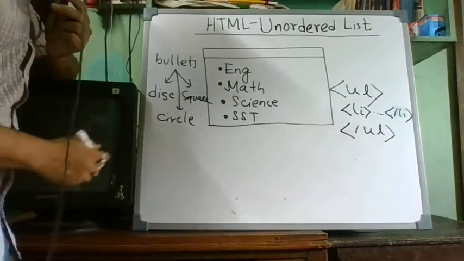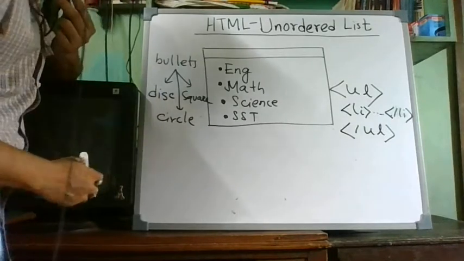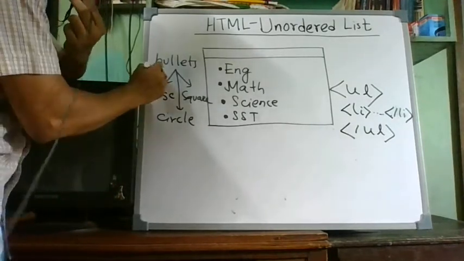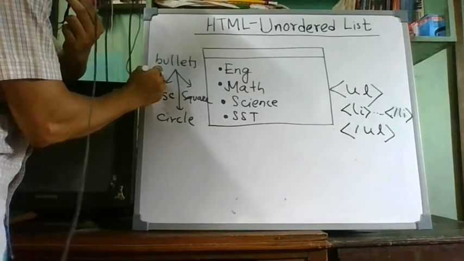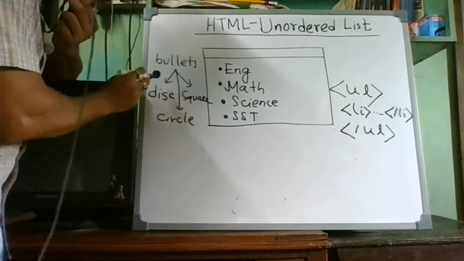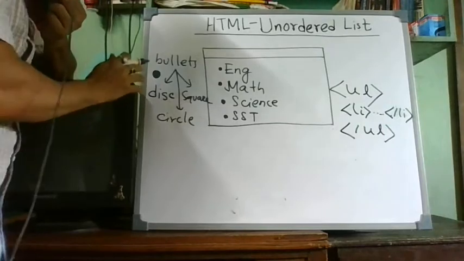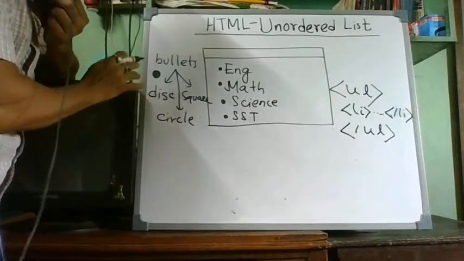How does it look? If you are using disk, then it will look like this. The bullet will be a completely filled circle.